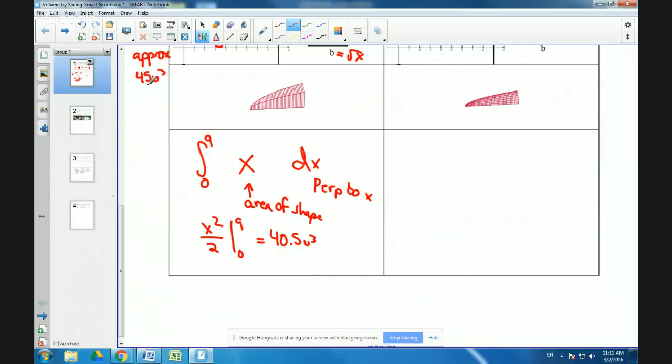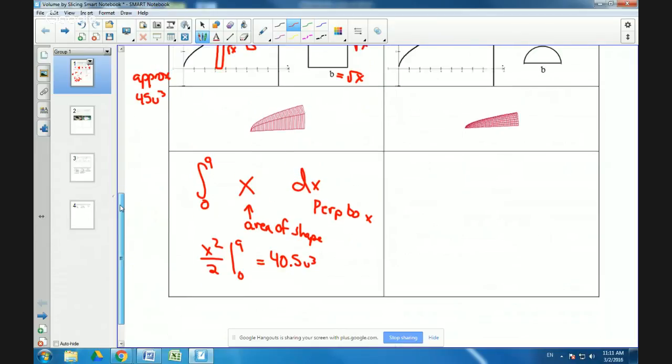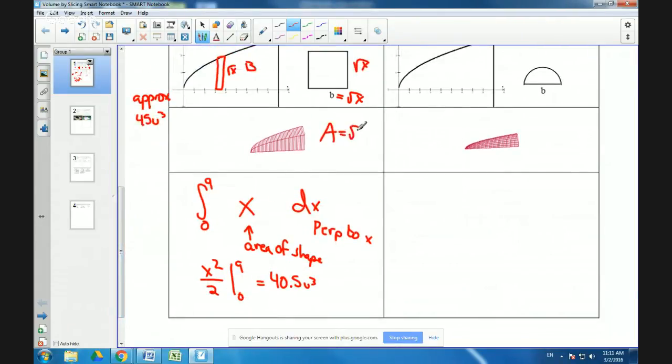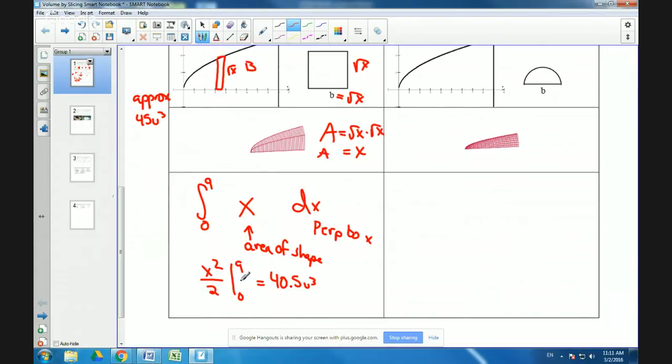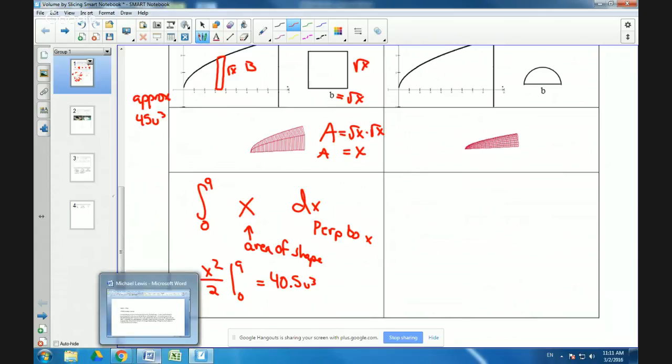You can see their estimate was pretty darn close. Right? The estimate was pretty close. You want to write it? Just to make it obvious.